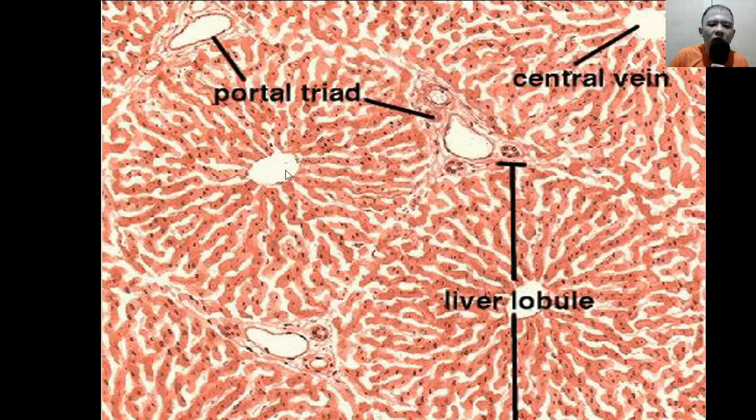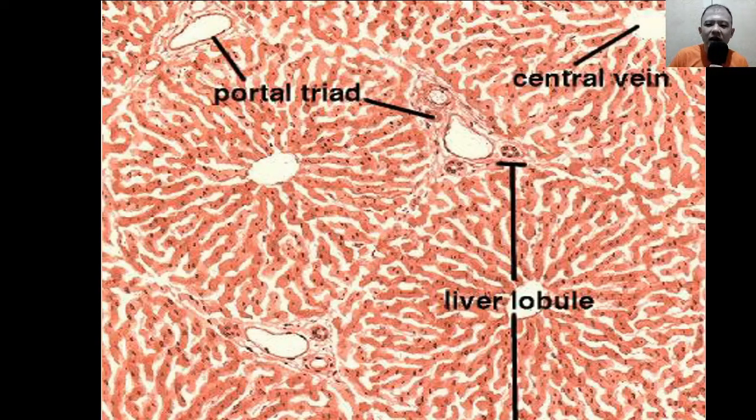Branching outward radially, you have the hepatocytes. Then you have the portal triad, the portal tracts, which is composed of the portal vein, hepatic artery, and the bile duct.